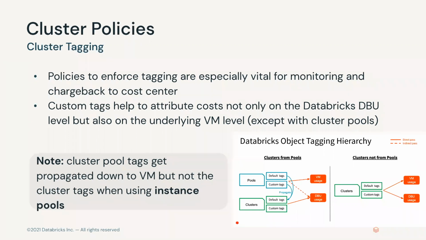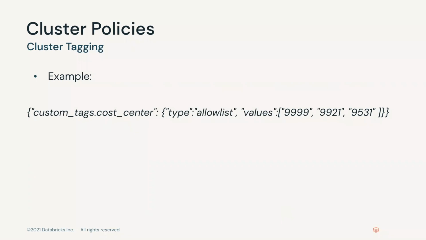So it's an important feature, when you're creating instance pools, you make sure that you tag them with the cost center that you want to propagate down to the VM, so that later on in the VM monitoring, you can figure out who is using those instance pools. And this is just an example, right, where we might have a custom tag setting and we're forcing the user to use one of these cost centers, if, for example, they have multiple cost centers that they need to use.